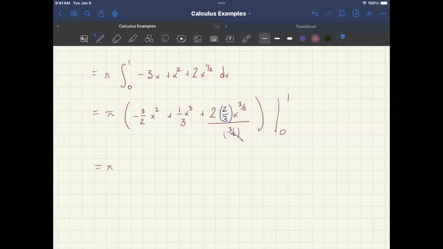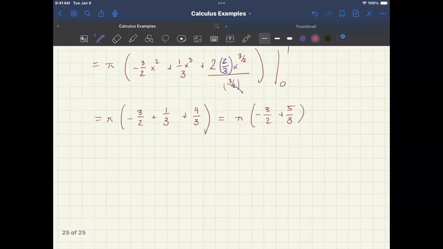Plugging in 0, everything's going to cancel. Plugging in 1, we get negative 3/2 plus 1/3 plus 4/3. So this is going to give us pi times negative 3/2 plus 5/3. Next we need a common denominator to add our two fractions.